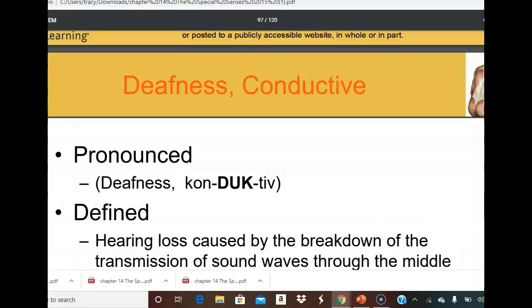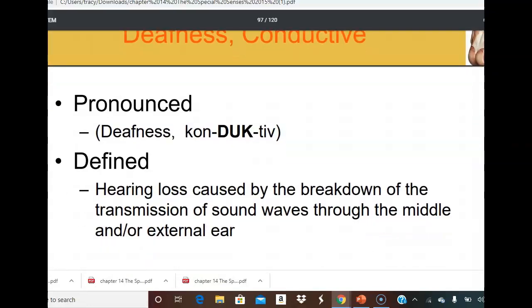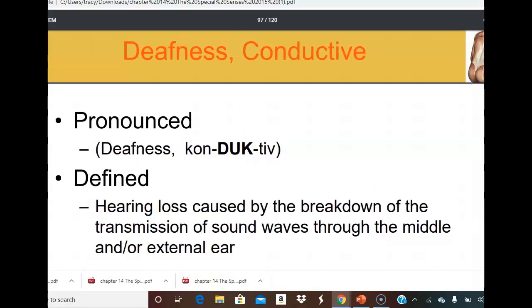Now, as we saw, there was a definition of blindness. Deafness, once again, can be divided into a couple of different kinds because it depends on where the deficit is. Conductive deafness is usually some sort of breakdown in the middle ear or external ear, which would include the tympanic membrane or the ossicles.